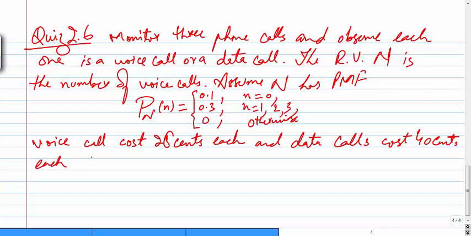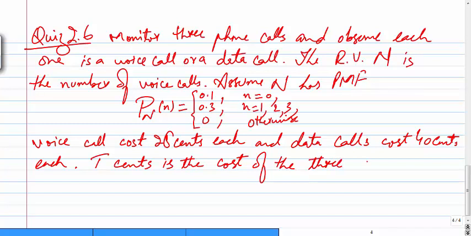Now T cents is the cost of the three telephone calls monitored in the experiment.